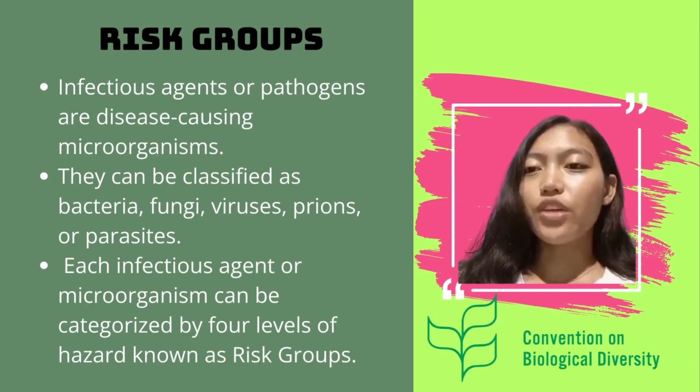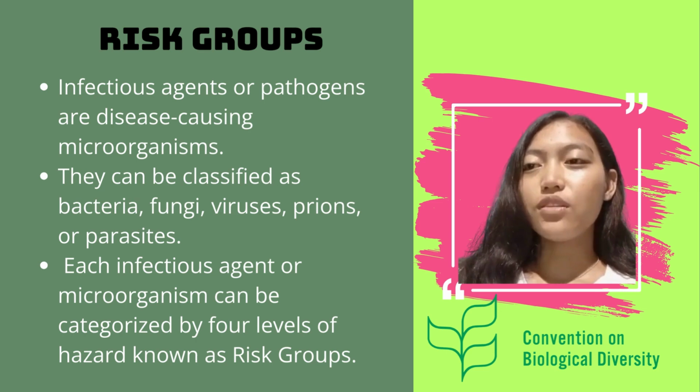It is important to keep in mind that in many instances, a risk group will correlate with the biosafety level. RG2 agents will be handled at BSL2, but they are not equivalent. Some RG3 agents may be safely manipulated at BSL2 under certain conditions.